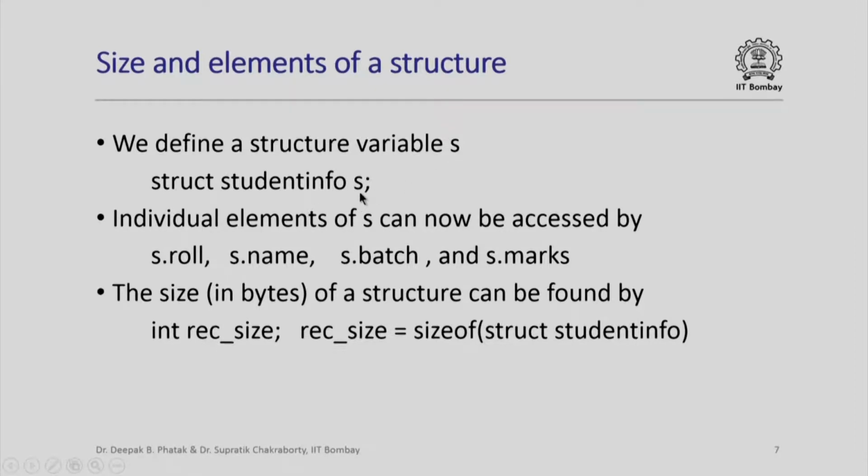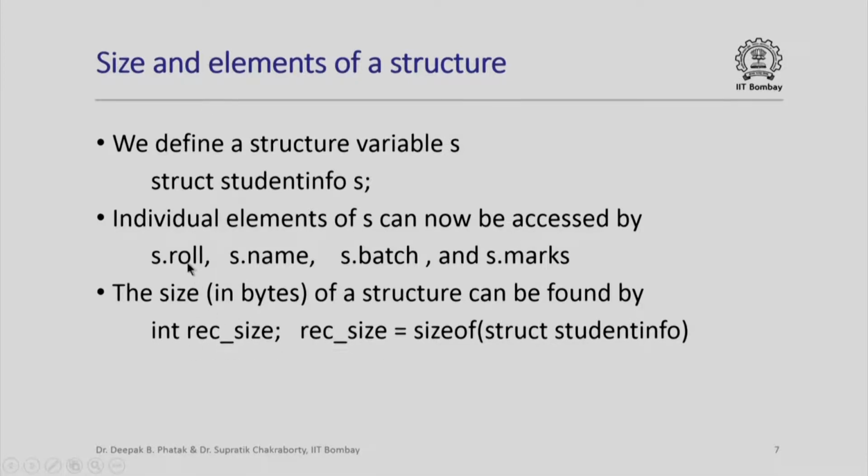The moment we define this variable, individual elements of s can be accessed easily, as we know, by s.roll, s.name, s.batch and s.marks. The size in bytes of a structure can be found by a special operator called sizeof. So, if we say sizeof(struct student_info), it will return the number of bytes allocated by the compiler inside internal memory. This can be assigned to an integer variable, say rec_size.